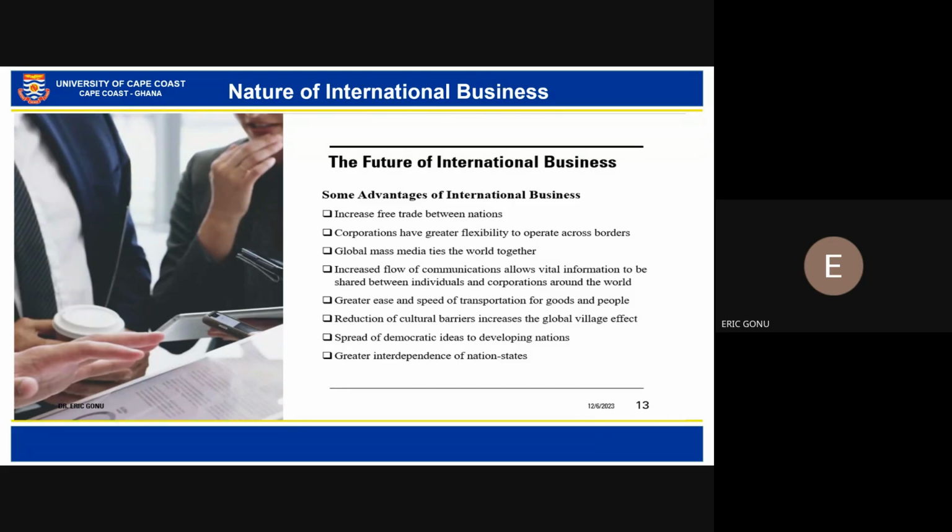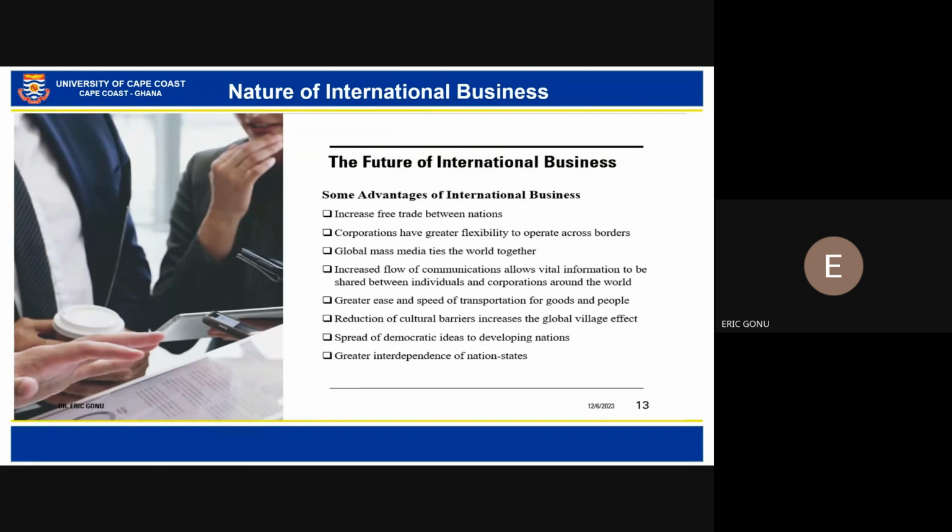So they've relaxed their cultural barriers. Things that at first you couldn't wear in Dubai or Saudi Arabia, now some of them have been relaxed. Things that you couldn't do, now they've relaxed some of the cultural demands. So all these things are helping. So the future of international business is still bright.